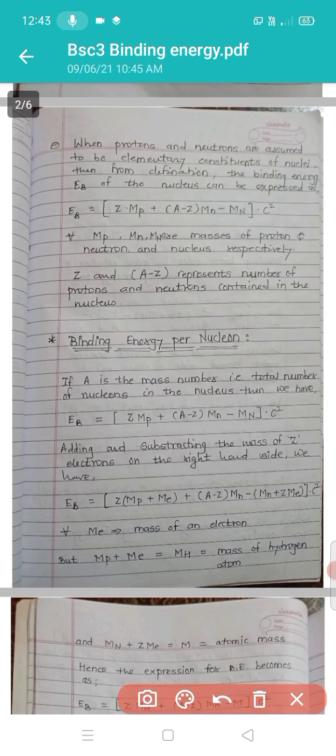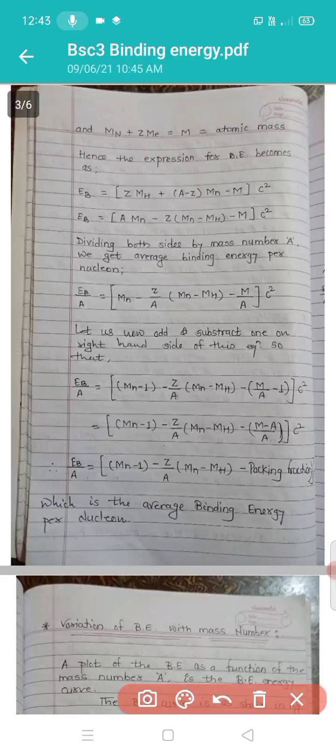Then adding these terms in the equation, we get EB = [Z Mh + (A − Z) Mn − M] c². Then EB = [A Mn − Z (Mn − Mh) − M] c².